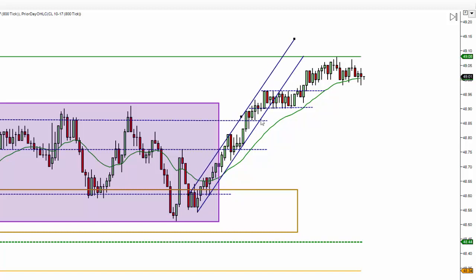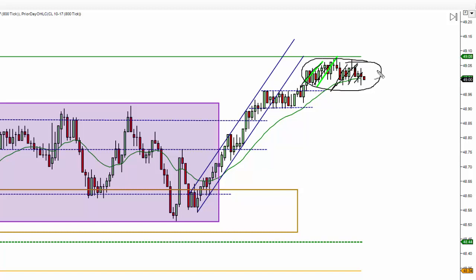From the bottom to here is roughly a 50 tick rotation, 50 cents. Whether or not price reacts around the resistance again at $49, right around this area, you're seeing resistance in this area right here.